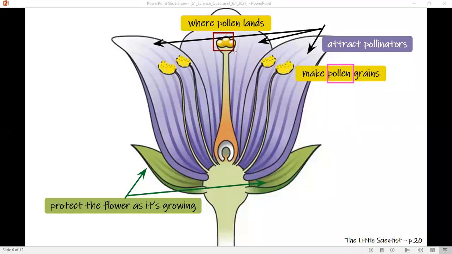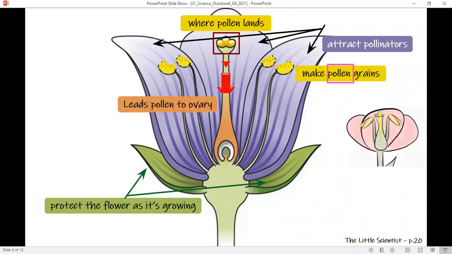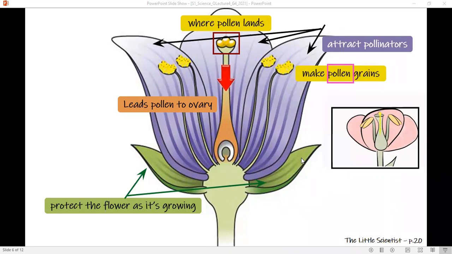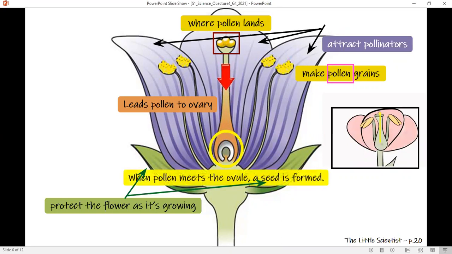So pollen grains will come from the anther to the stigma to land there, and then pollen grains will move down to the ovary. Look at this picture right here. Can you see the pollen grain moving down to the ovary where the ovules are waiting? Here is the ovary, and the ovules are inside.